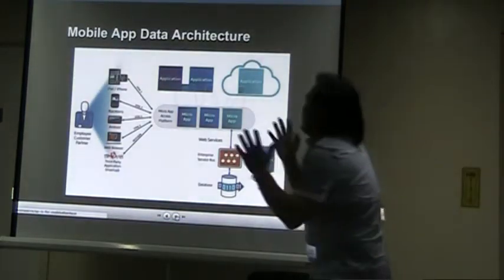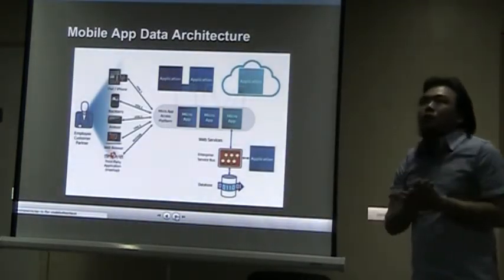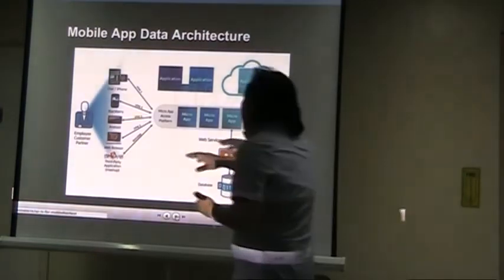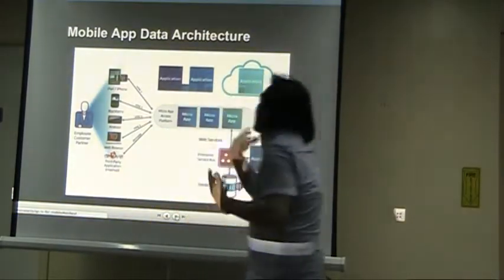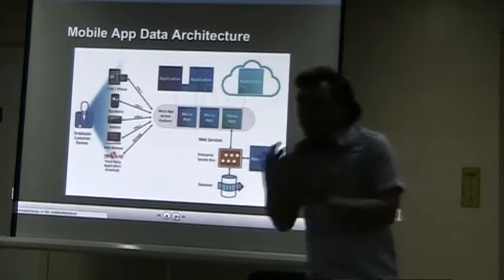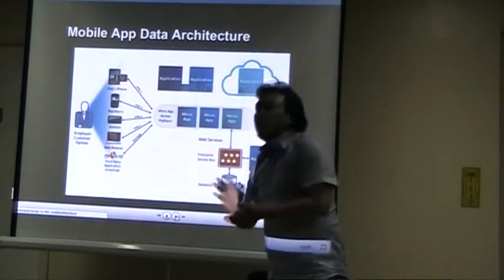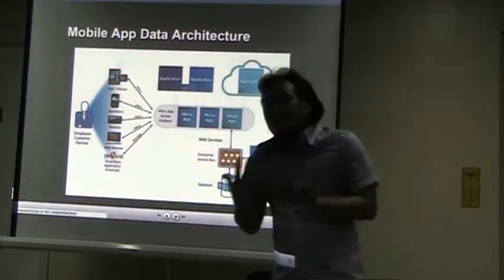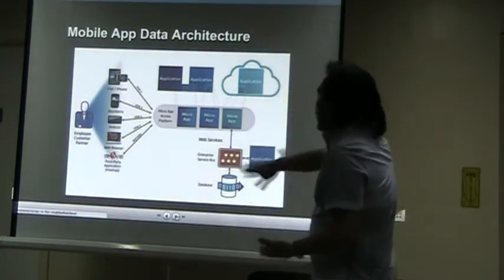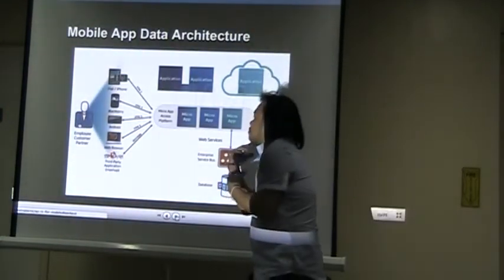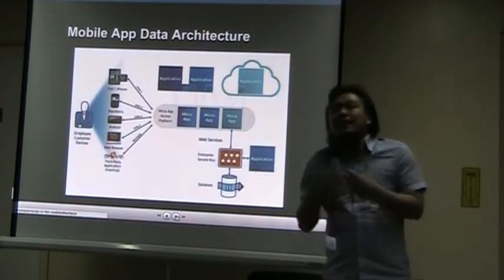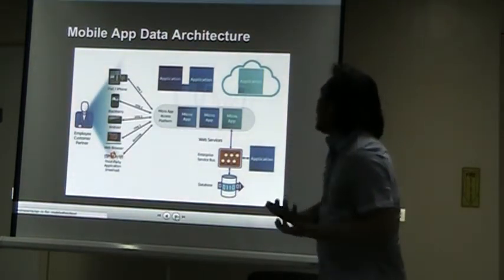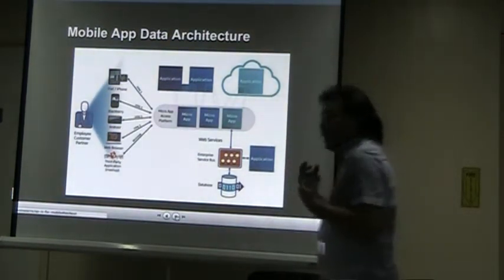Okay, next slide. So again, going back to how mobile apps are structured, you're just treating your mobile apps as clients that connect to your server via the same protocol, via HTTP. It just requests data in the same way that your Ajax apps do. So the mindset is still the same.